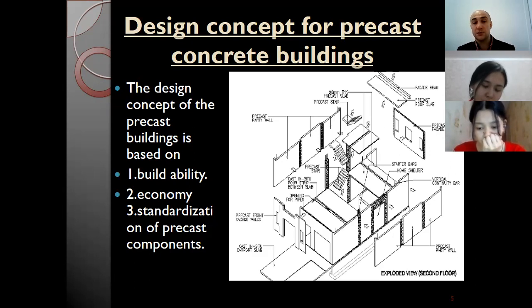They are precast walls without openings, precast walls with openings for facade, openings for windows and doors, precast slabs, which cover the horizontal place and divide the building into levels. It is precast stairs, which give us the opportunity to move in the building from one level to another level.